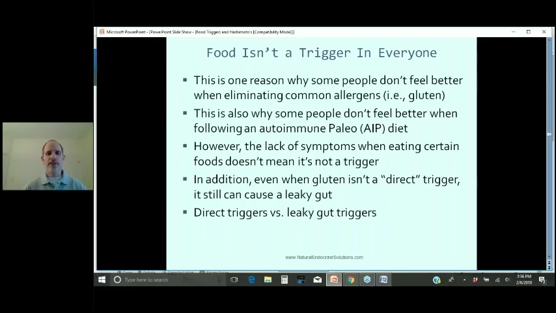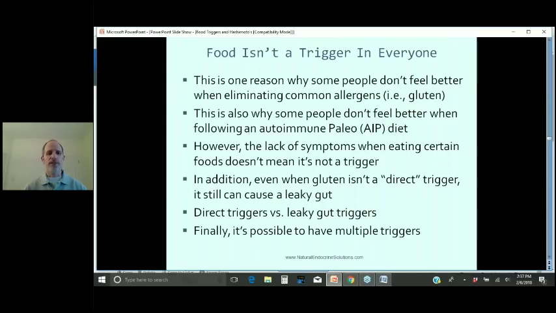Certain infections can be a direct trigger, once again through molecular mimicry. There are other mechanisms I talk about in the book, but that's one of the more common ways. In addition, infections can also cause a leaky gut. So an infection or a food could potentially be a direct trigger, or a leaky gut trigger, or both in some cases.